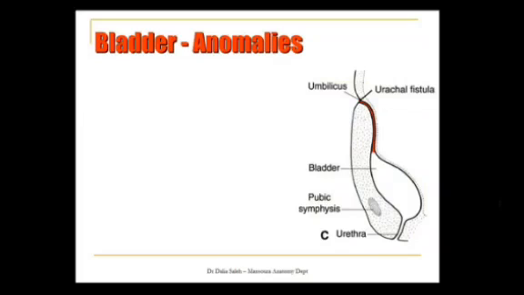Other anomalies of the urinary bladder could arise if there is persistence of the allantois. If there is no obliteration at all of the allantois, the urachal fistula arises, and urine will be dripping out of the umbilicus.